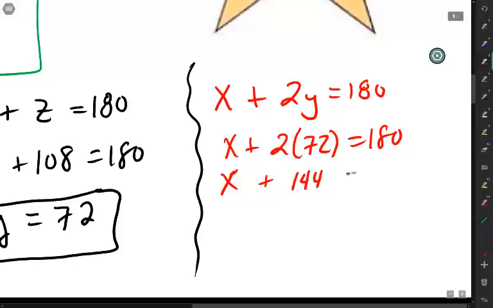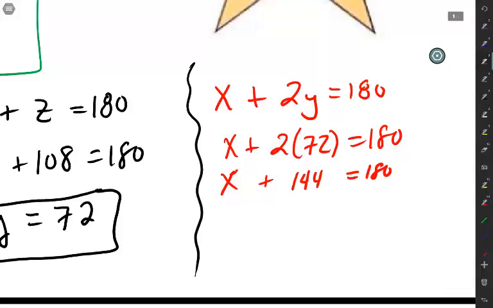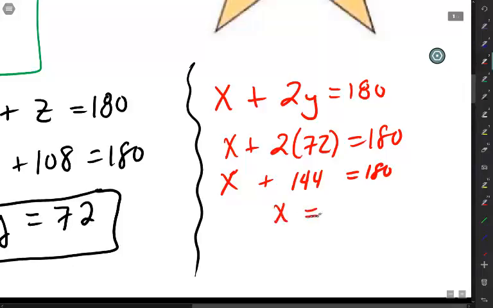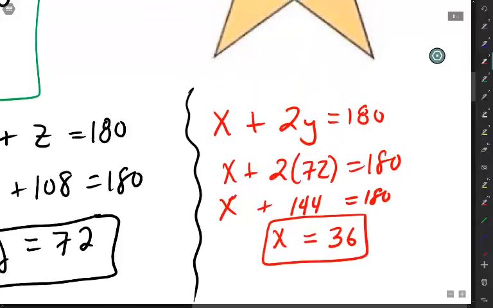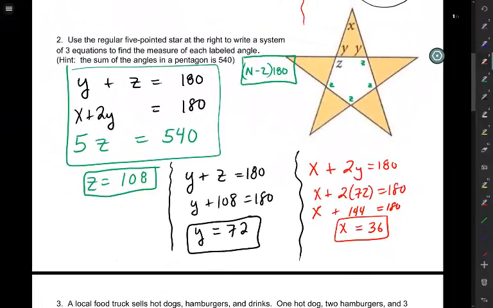Thanks, Henry. And let's subtract 180 minus 144. What does x equal? 36. Let's see. So we used the first equation, we used the second equation, we used the third equation. So we should be in good shape.